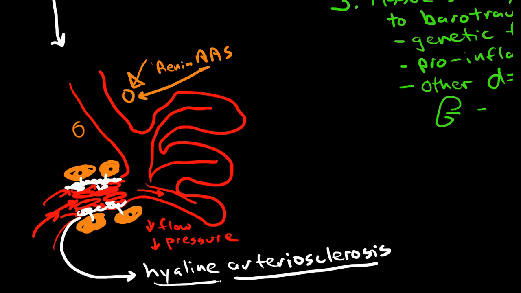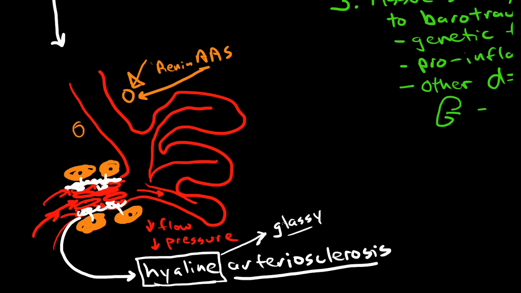A lot of people get confused that this suggests it is similar to hyaline cartilage. It is not. They both share the same root from Latin, which means glassy. So this has a glassy appearance under the microscope, but it has a very different composition than cartilage. It's made up of fibrin and collagen and some lipids.